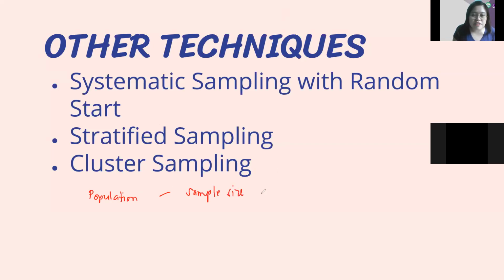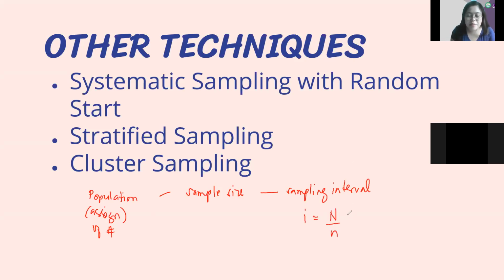After computing for the sample size, you will compute for the sampling interval. So the assigning of the number starts here in the determination of the population. And then sa sampling interval, we use the formula N divided by n. Capital letter N is the population size, small letter n is yung computed sample size.